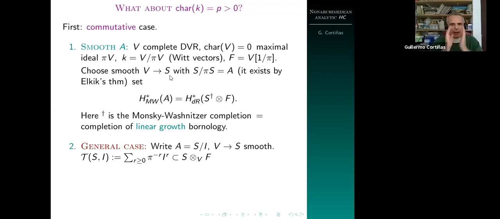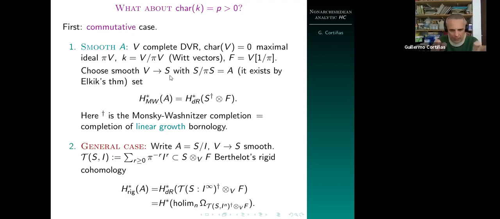And this lives inside S tensor with the field F. Now you can apply this not just to I, but to all powers of I. That's what appears there: T(S, I^infinity), I use Cuntz-Quillen notation for the pro-ideal of all the powers of I. Take the tube of S around that, dagger complete, tensor with F, and take the de Rham cohomology.